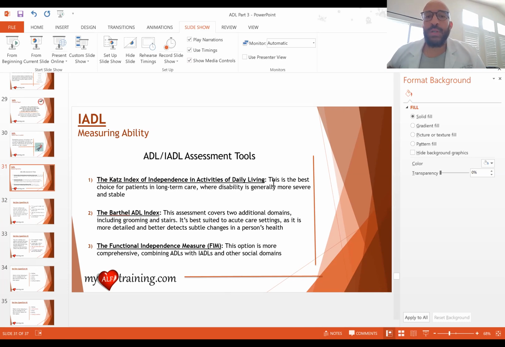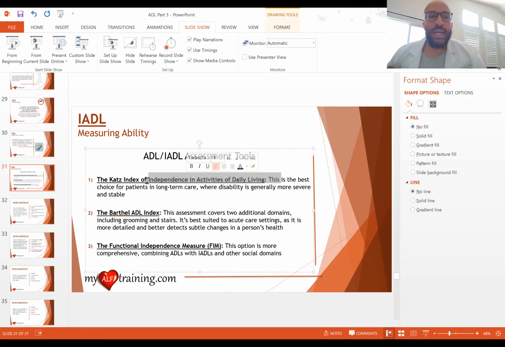The most popular one, the only one on this list that I've worked with, is the Katz Index of Independence. I'm going to show that to you here. It's just this chart here, and it's in three columns: activities, independence, dependence, and it has the different activities: bathing, dressing, toileting, and we put points next to them for how much independence or dependence the patient has.